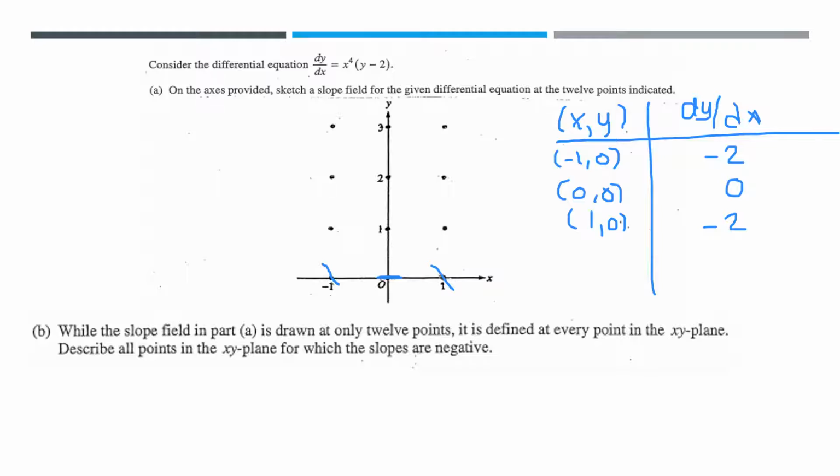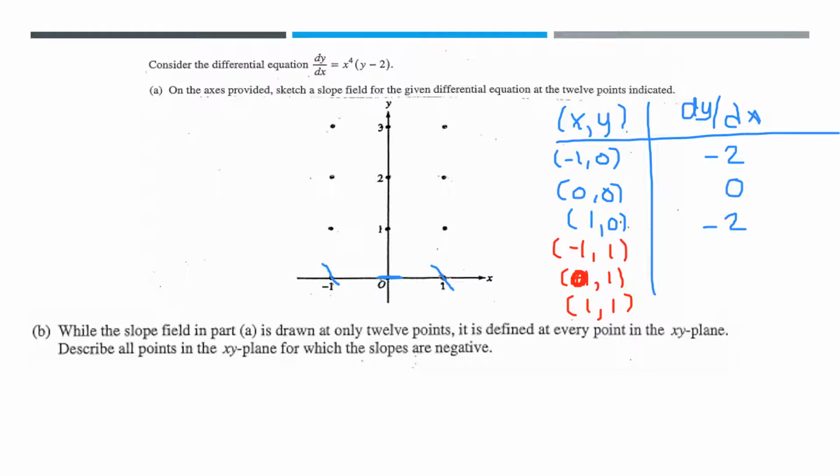And then the next row, your x's are going to be the same. What's changing is your y's. And again, what's kind of nice is the x's are always going to be the same value on the left and on the right side of the slope field, because a negative and a positive number to the fourth power are always the same. So 1 to the fourth and -1 to the fourth are both 1.